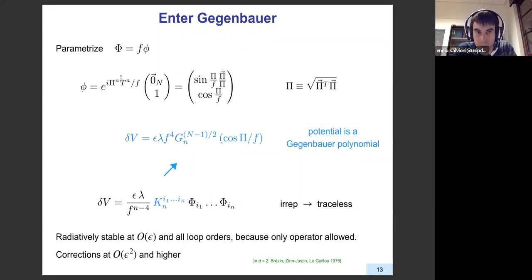Now I have, of course, a non-abelian set of generators, but the logic is similar. I get this form, which is the form of the nonlinear field for a nonlinear sigma model. And if I do a little bit of math, which I'll do in the next slide, I arrive at this form. Okay, so the point is that the equivalent, in a sense, of the phi to the n explicit breaking for the abelian Goldstone is a Gegenbauer polynomial. Okay, that's my claim.